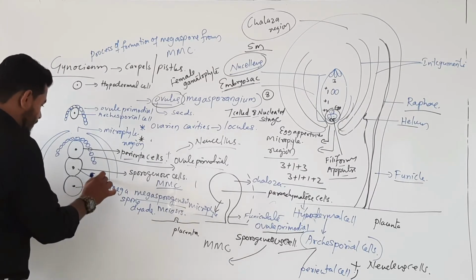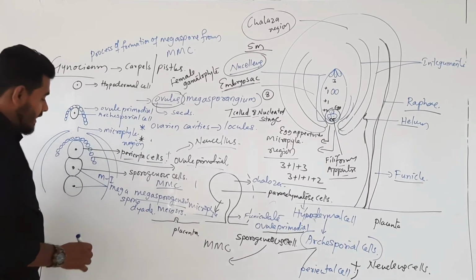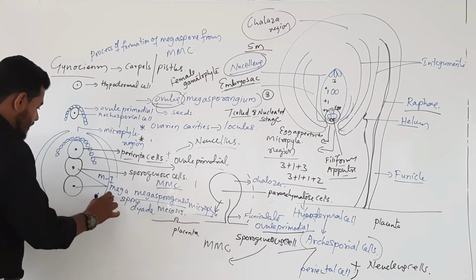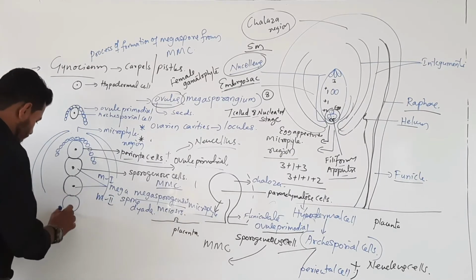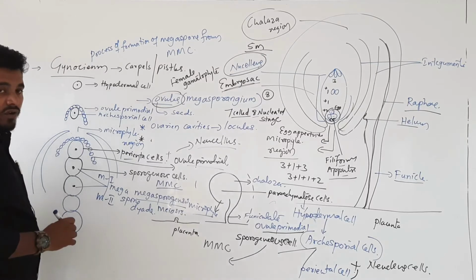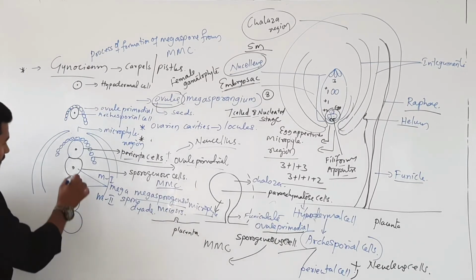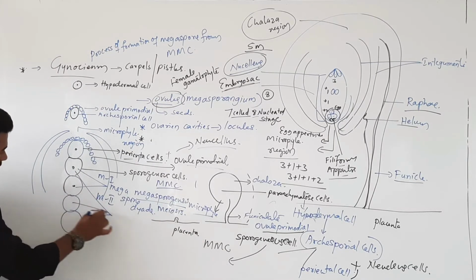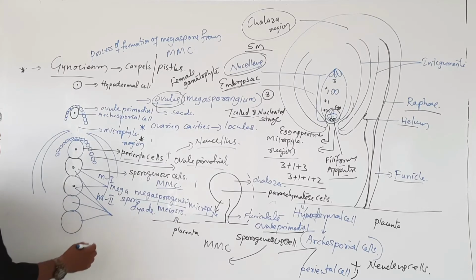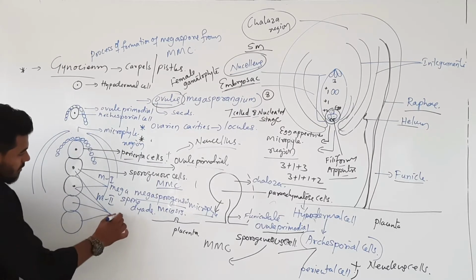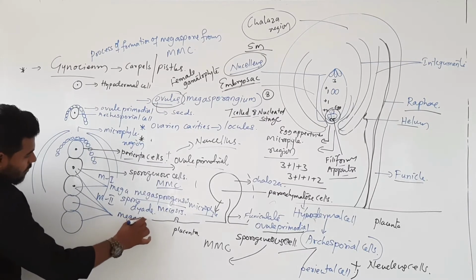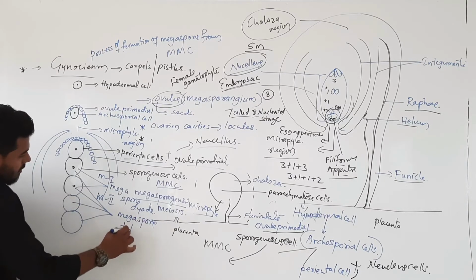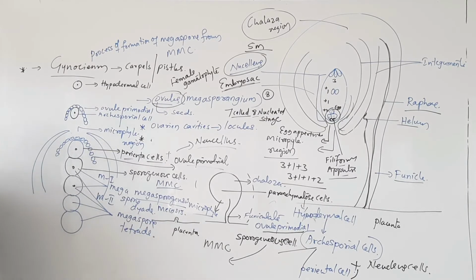This is in the first meiosis. In the second meiosis, there is a formation of four megaspores, called a megaspore tetrad.